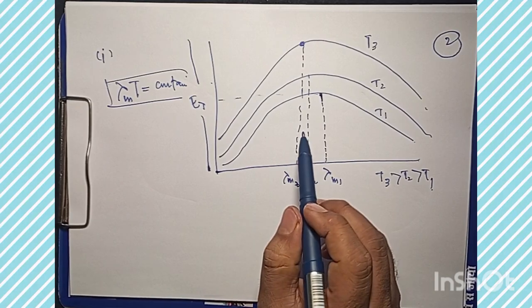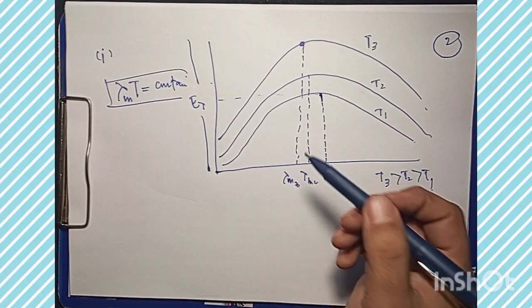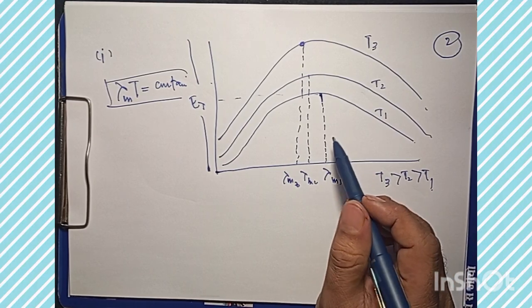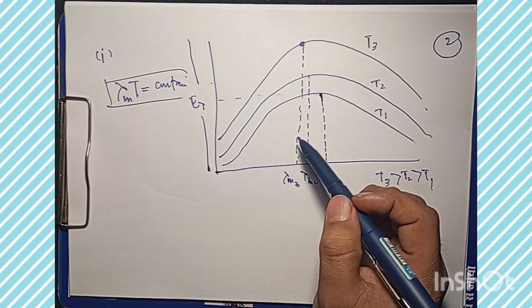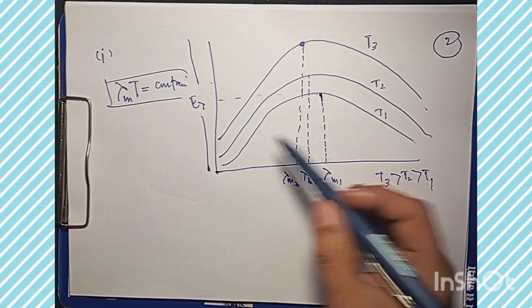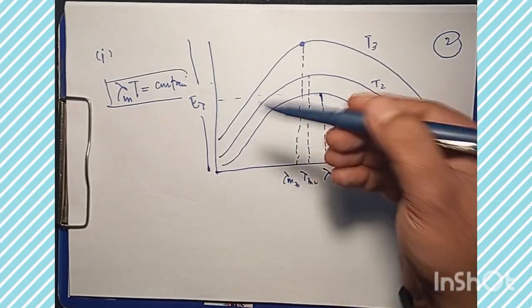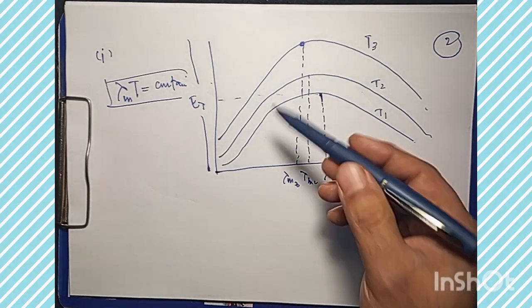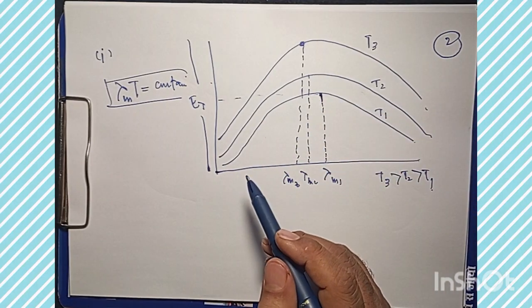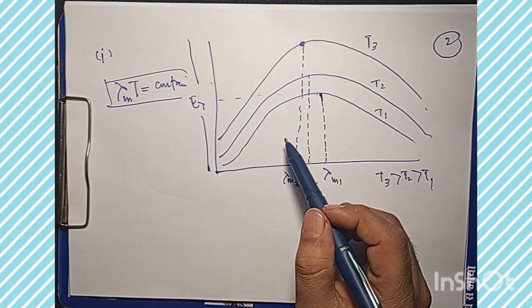And then, an increase in temperature causes an increase in energy emission for all wavelengths. This is the curve for T1, this is the curve for T2. Overall, we can see every curve comes up with more and more energy. So the increase in temperature automatically causes an increase in the energy emission of this black body.